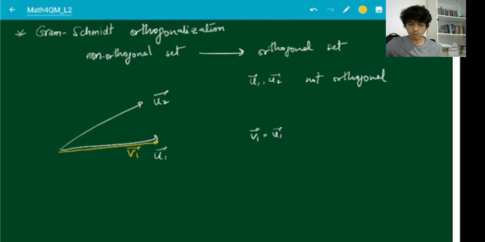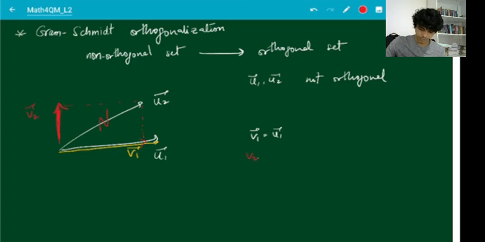And then I'll say u2, I can resolve it into two components. There is one component of u2 along v1, and there must be some other component which is orthogonal to u1. So if I subtract out the part of the vector u2 which is along v1, and I throw it away, then I'll just be left with this. That I will call v2.